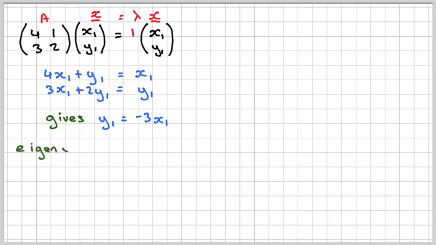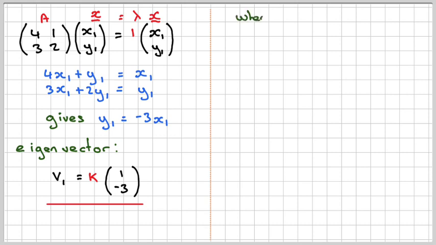So that means the eigenvector will be, if x1 is 1, then y1 will be minus 3. But any multiple of that will also be an eigenvector, so we can put a k in front.